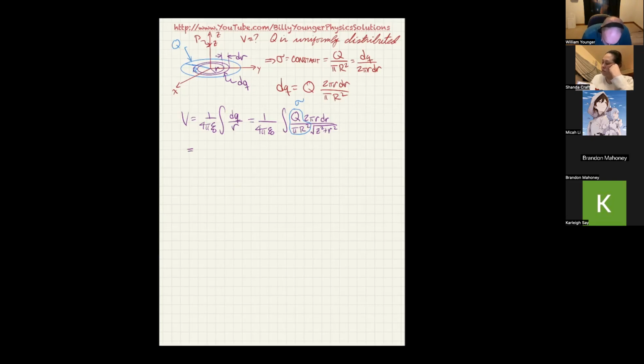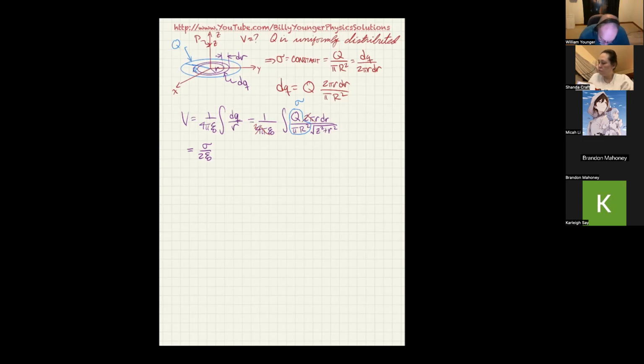So I'm going to write this as sigma, and then notice this 2 right here is going to cancel out with this and leave a 2, and this pi right here is going to cancel out right here. So I'm going to say this is sigma over 2 epsilon naught, which is useful because remember we did discover that for an infinite plane, sigma over 2 epsilon naught was the electric field strength above it. In other words, it had no dependence whatsoever on distance.